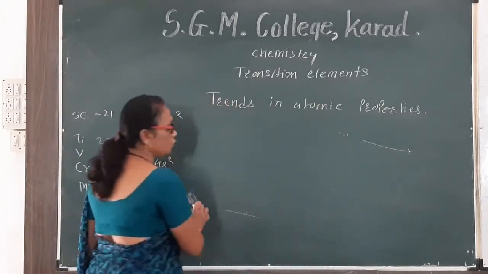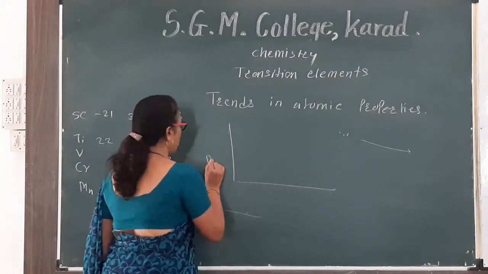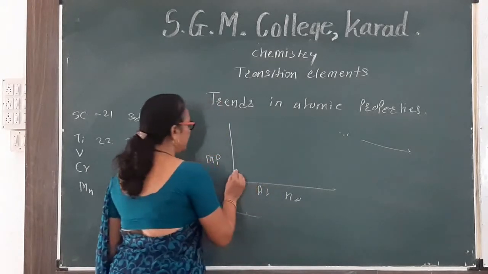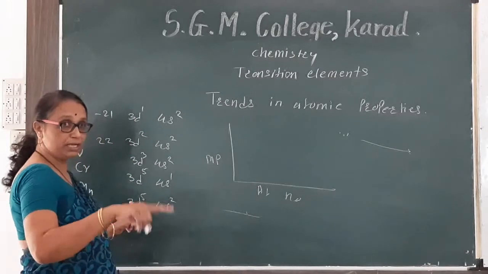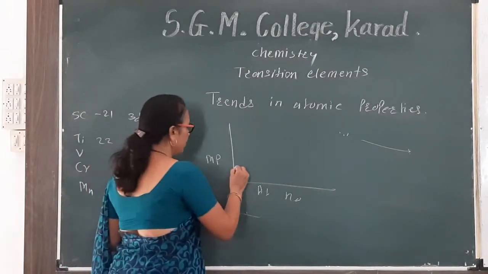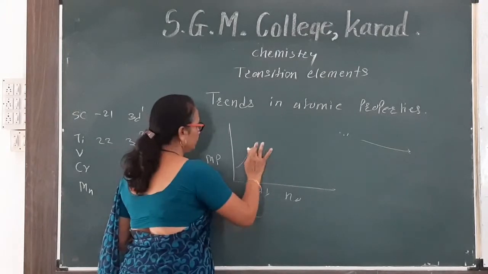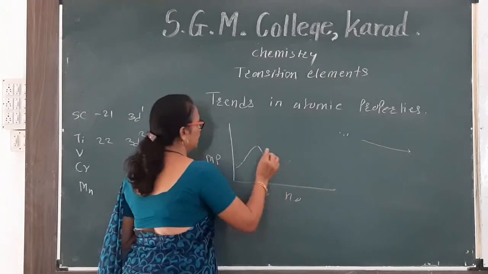Hence, in case of 3d elements, if you plot melting point versus atomic number, then as the number of unpaired electrons increases, the melting point increases like this, and then the melting point decreases.